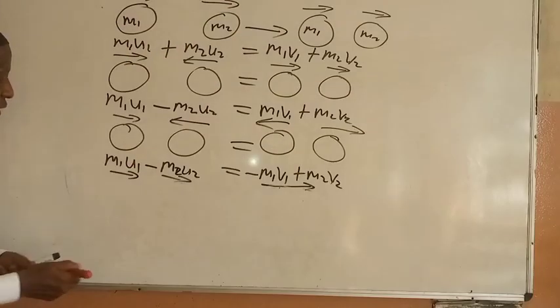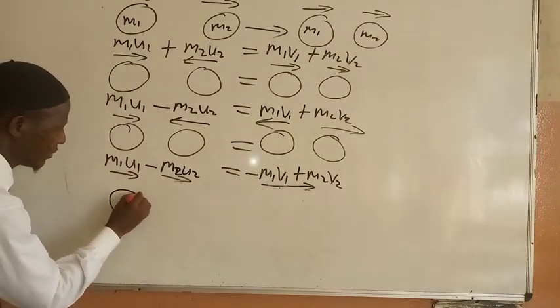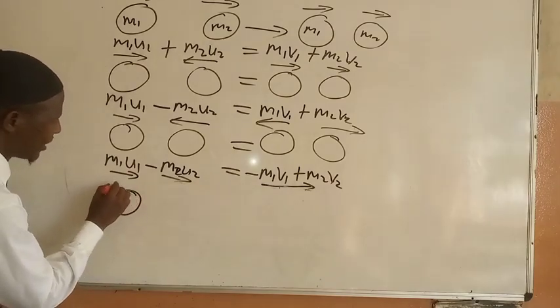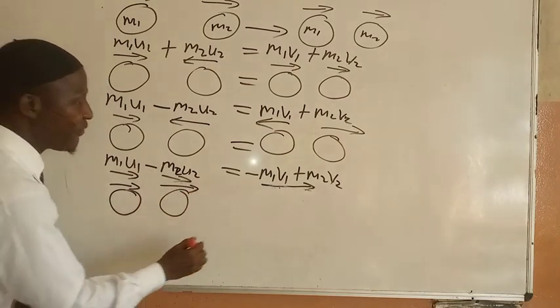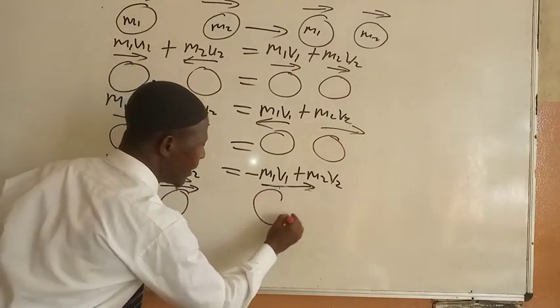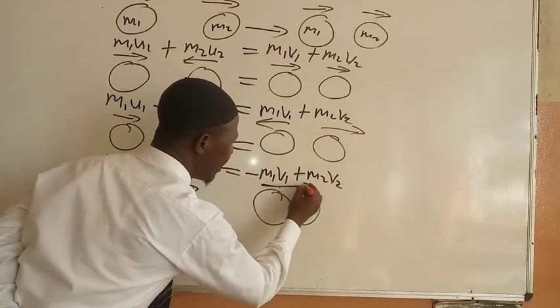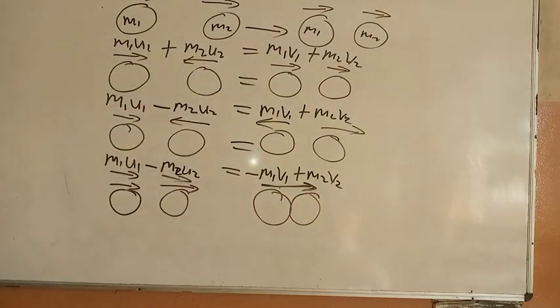But the next one, let's say we have a body like this going like this, and another going like this. If after collision both of them move in the same direction with the same velocity, how will we derive the formula?